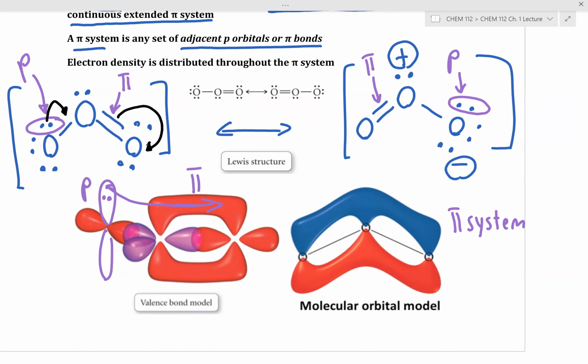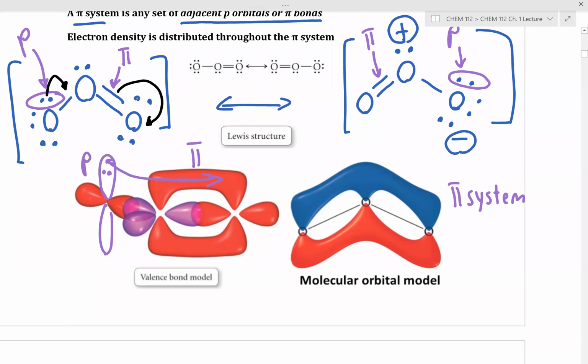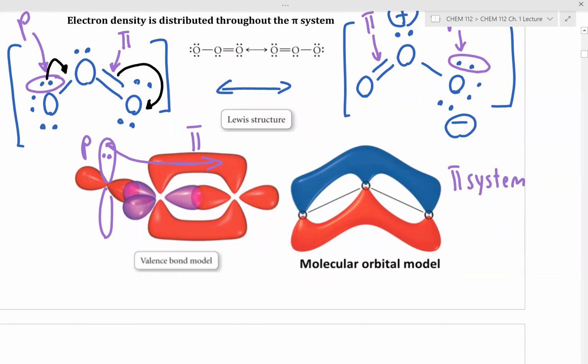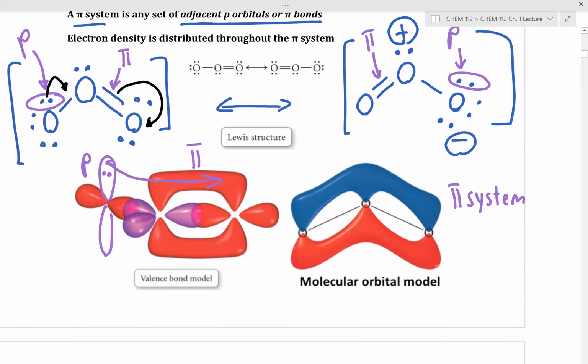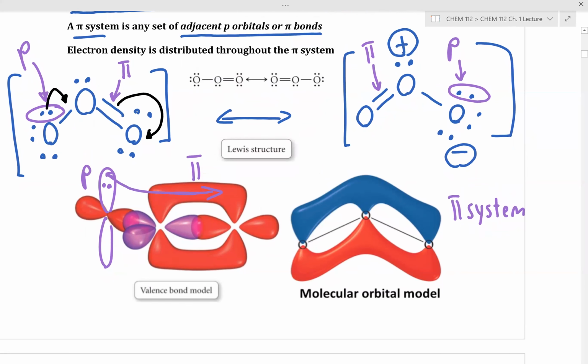Now, if we wanted to give the most representative picture of ozone, our most representative resonance hybrid picture, I'd probably draw ozone as looking like this, with a curved line between all three of my oxygen atoms, signifying that we have this double bond character spread over all three oxygen atoms. Does that make sense?